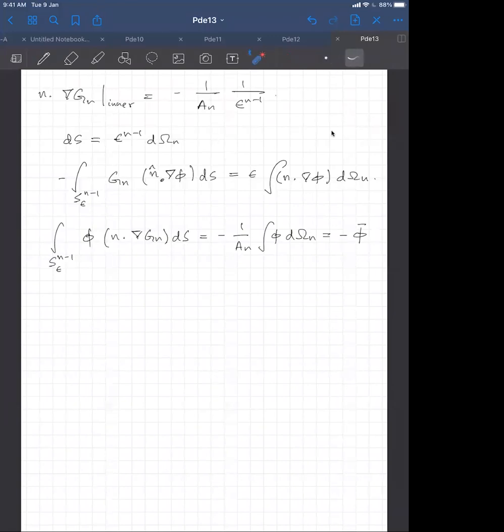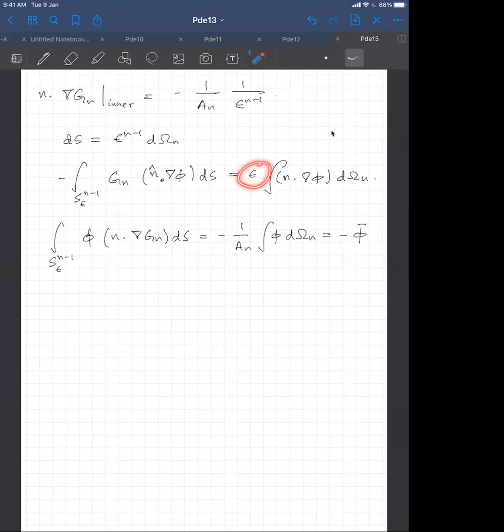And so what we get at the end of the day are these two guys, which give you what is happening at S epsilon. Now notice that you have something here which is multiplied by an epsilon in front. Since phi is regular by assumption at y, the value of this integral is going to be bounded. So this is multiplied by epsilon, and this is a finite thing at the end of the day.